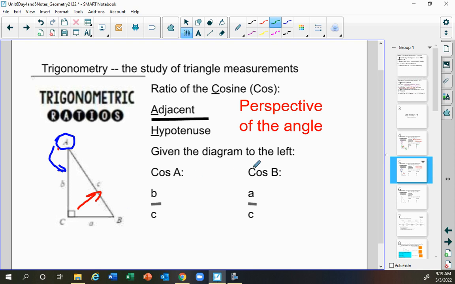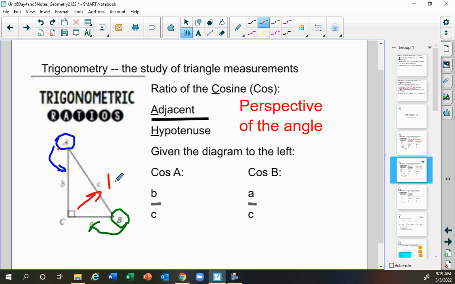And with cosine of B, same thing. Look where B is located. This side is going to be your adjacent. And again, side A is your adjacent. And the hypotenuse is always across on the right angle.